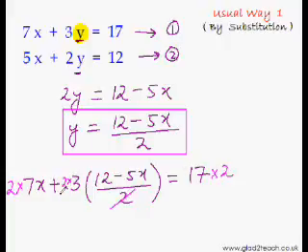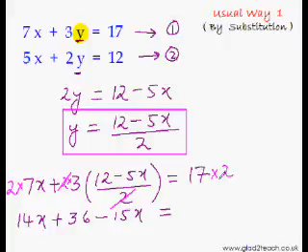See, now this 2 cancels out. Now simplify it. This is 14x, and we can open the bracket. This would become 36, as 3 times 12 is 36, and this would become minus 15x, and this would become 34.